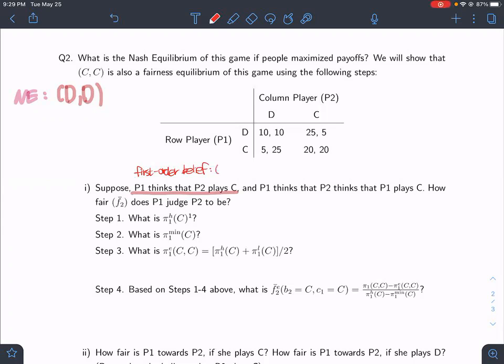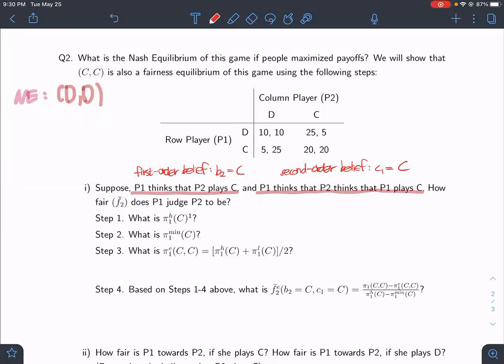In the lecture note, we call this B2, which equals C. And then P1 thinks that P2 thinks that P1 plays C. So I need to think about what my opponent is thinking about what I'm going to play. So P2 will think that I will play C. So this is my second order belief. I think we call it C1. And this also equals C.